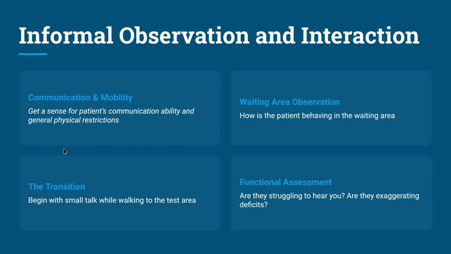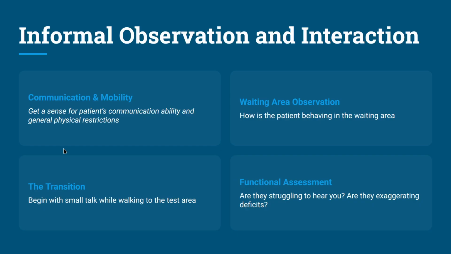You want to take mind of informal observation and interactions with the patient. So communication and mobility, getting a general sense for that patient's communication ability and general physical restrictions. You want to see how they interact in the waiting room area. How is the patient behaving in the waiting room area?